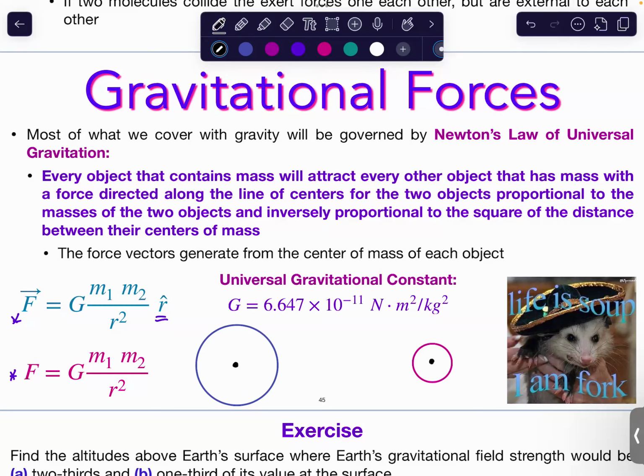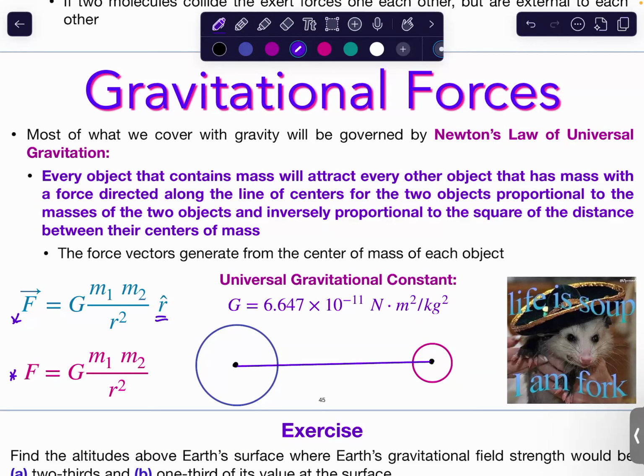Then the connection between the two is going to be there, and so your r hat will be directed along that connection between the two centers of mass. When your physics textbook talks about the separation between the Earth and the Moon, that is the separation between the two centers of mass, not necessarily surface to surface.